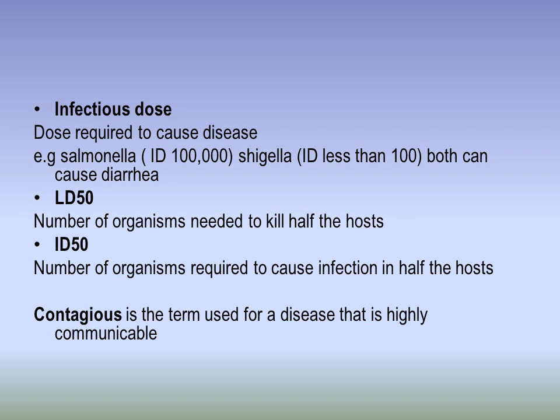And if we are talking about just causing infection in different individuals in such experiments, then the number of organisms required to cause infection in half the hosts is called ID50 or infectious dose 50. What is contagious? Contagious is a term used for a disease that is highly communicable.